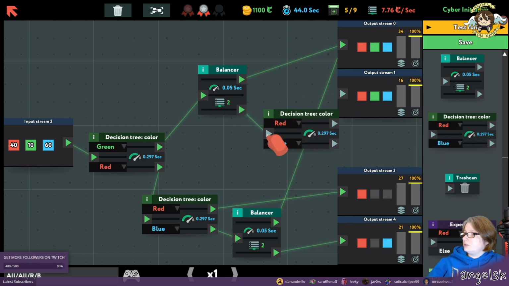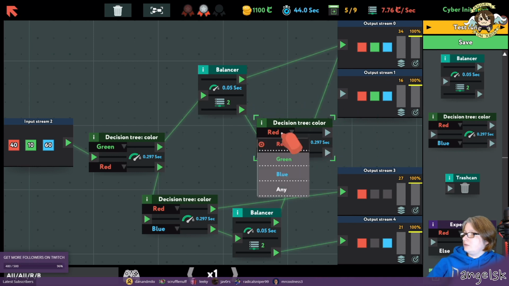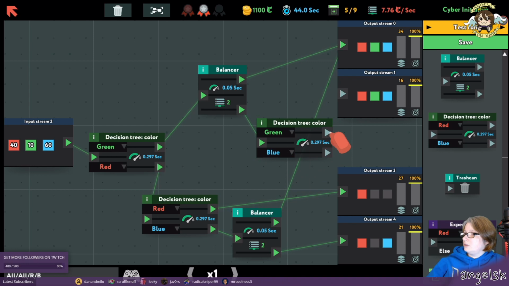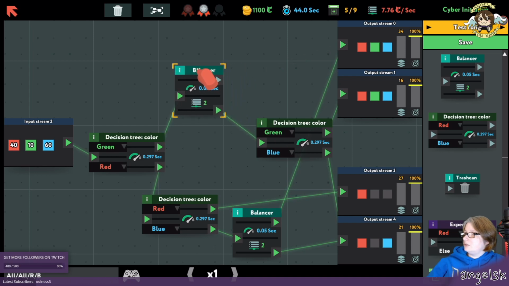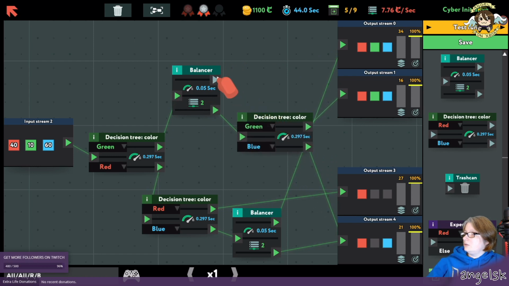Add another decision tree. Don't want any green. So filter green to there. Blue to there. That should be green and below. Oops.